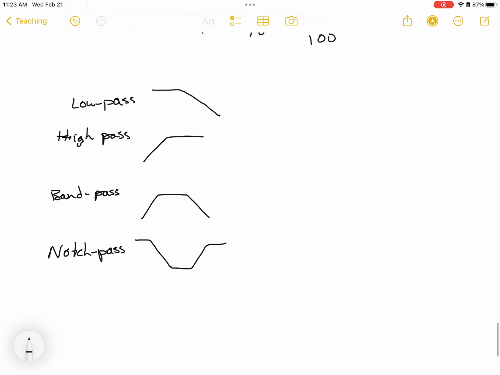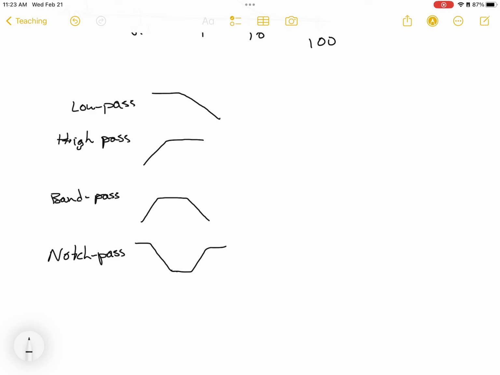There are certain uses for each of these. For a low pass filter, you might have some sort of noise suppression. If your data is noisy, and if that noise has a high frequency, you can get rid of it with a low pass filter. You might use a high pass filter if there's some low frequency background noise happening.